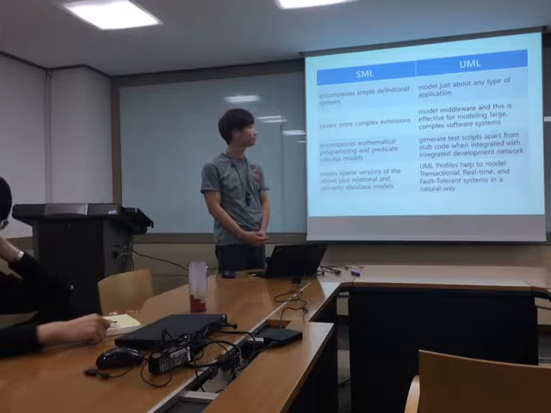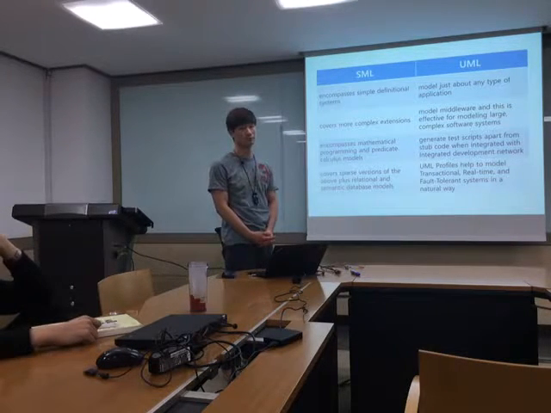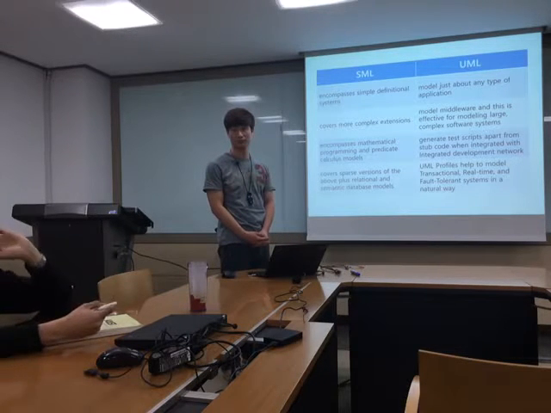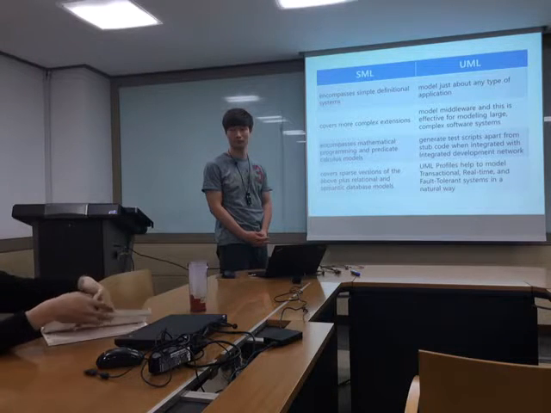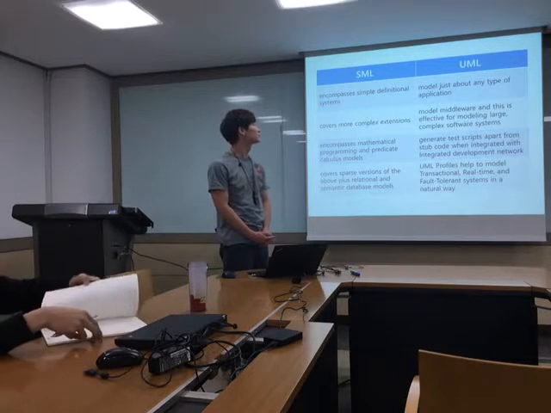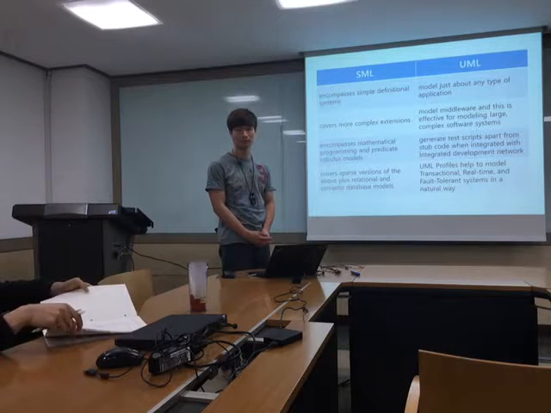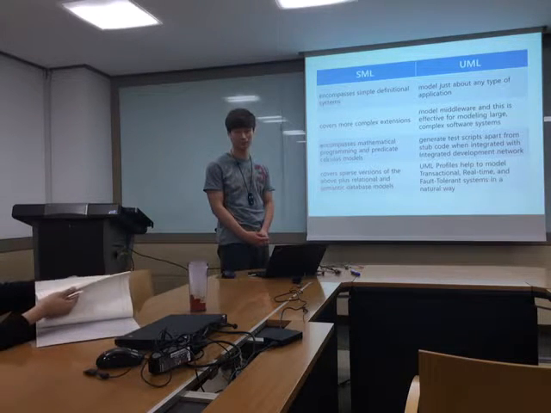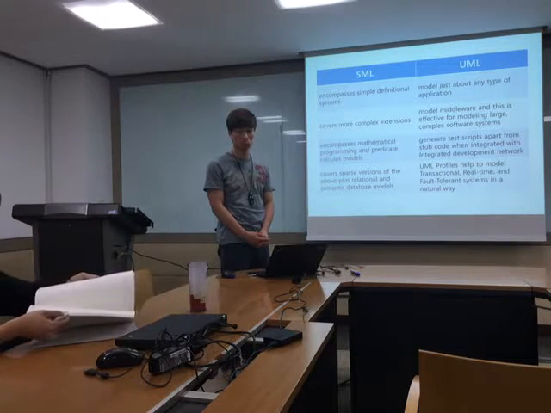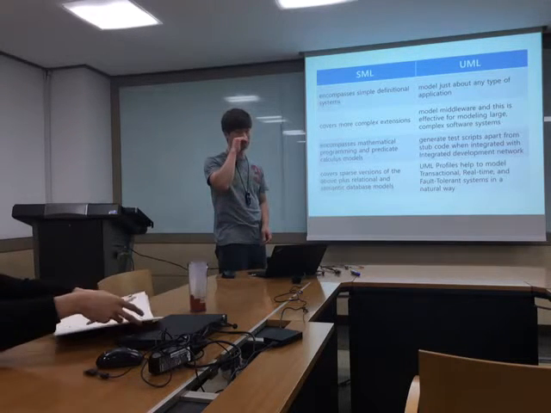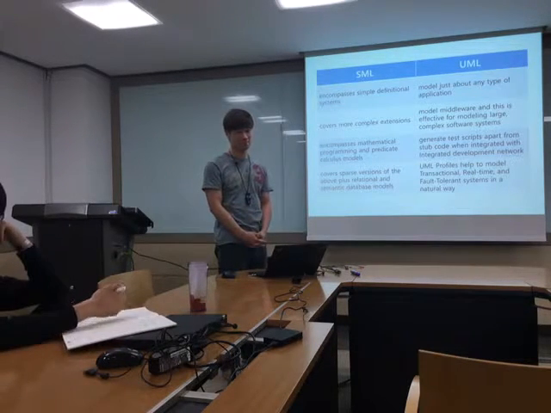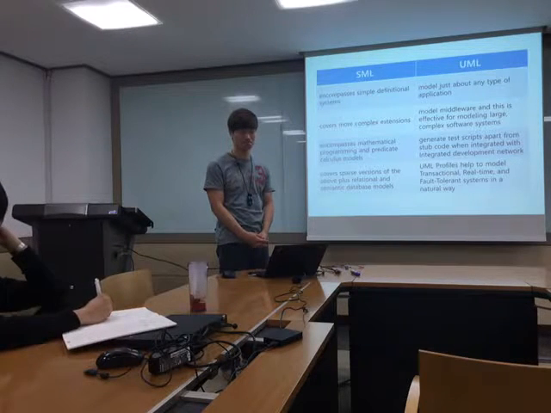But if we are trying to compare which language is more complex, I think definitely UML is more complex, because in C++, we are comparing it with the C language. C++ has a lot of classes, and it also encompasses a basic struct which is inside the C.